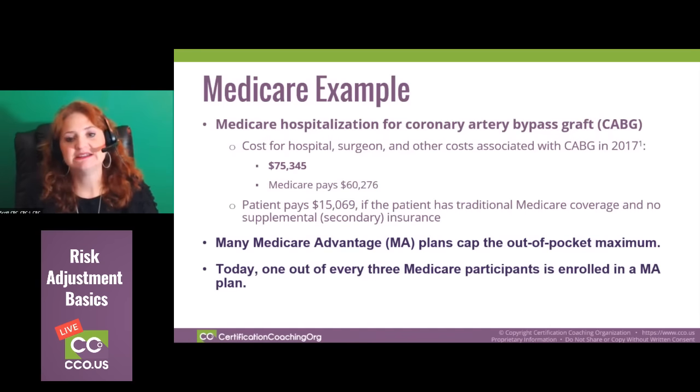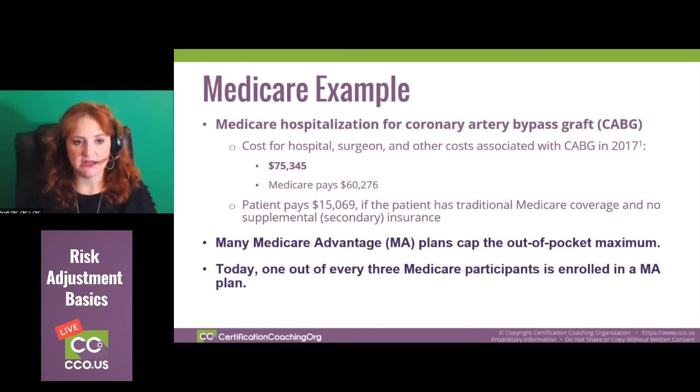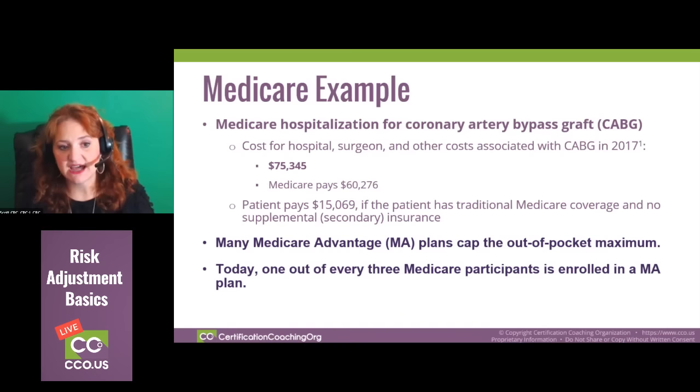So let's talk about an example of how Medicare works as far as the expenses for the patient. We have a patient, let's say, that comes in and they're going to have a CABG done. That CABG is going to cost a little more than $75,000. Well, Medicare is going to pay 80% of that. So that's a little over $60,000.